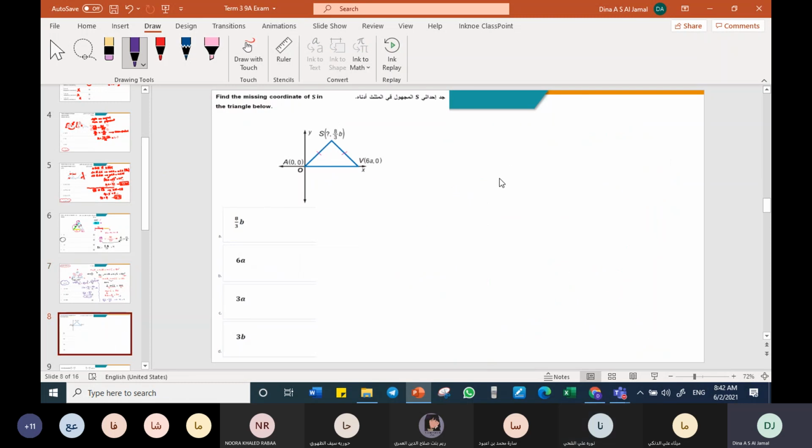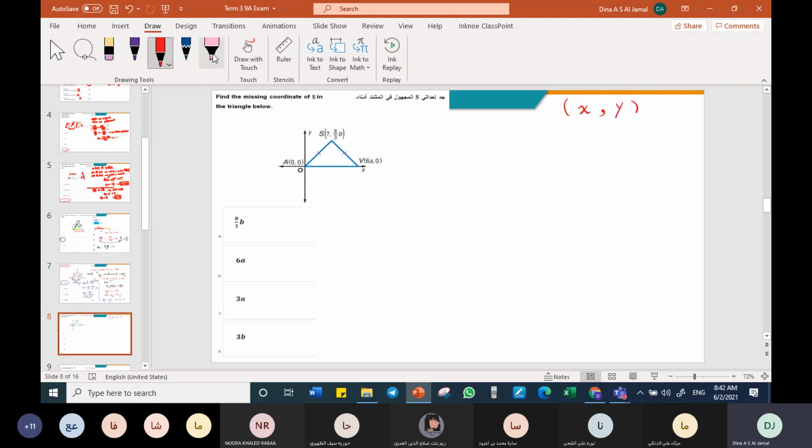Is it clear for you? Shall I make it bigger? No, it's clear. Good. So this question asks us to find the missing coordinate of S. Remember, any coordinate point will have x and y.